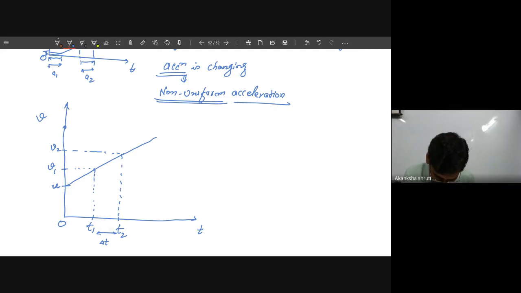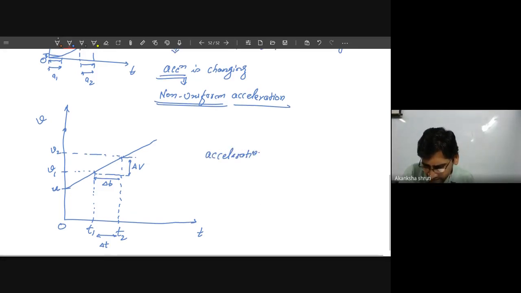For this time interval you have to calculate this slope, meaning whatever the delta t is, the change in velocity, this delta v, that you will calculate. Then the acceleration between the time interval t1 to t2 is denoted by m.